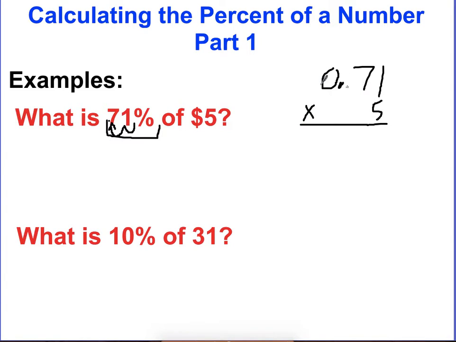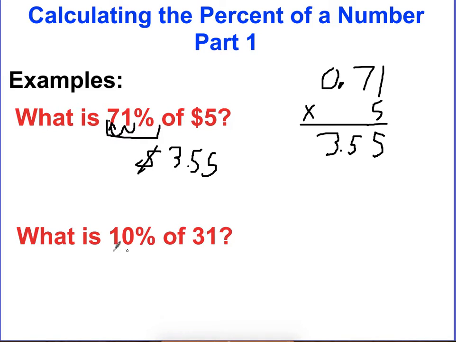So multiplying with decimals is essentially the skill here too. So 5 times 1 is 5. 5 times 7 is 35. And then I need to move the decimal 2 spaces over. So my answer for this is $3.55. So essentially we multiply.